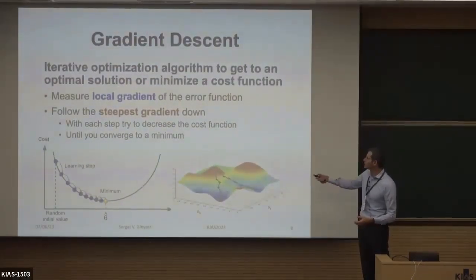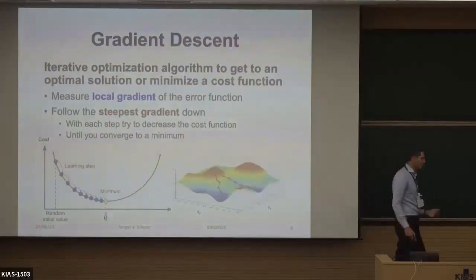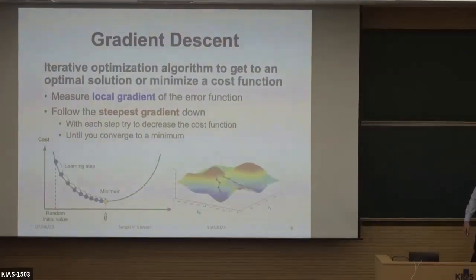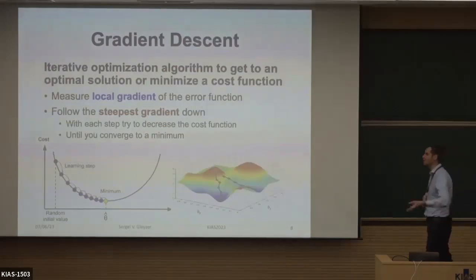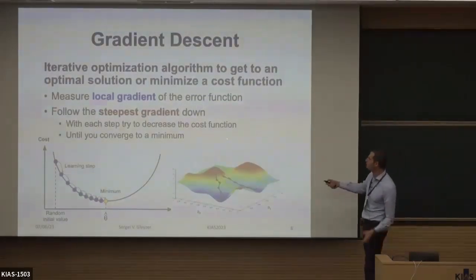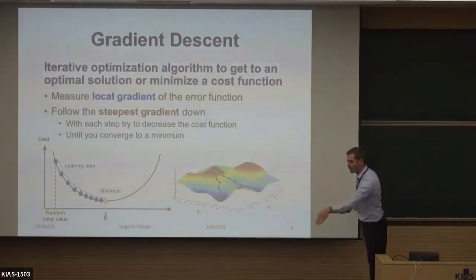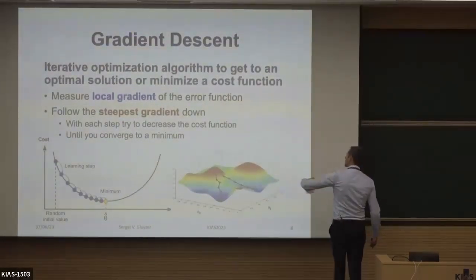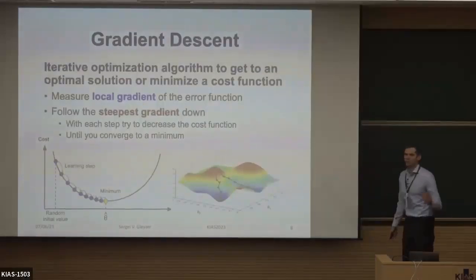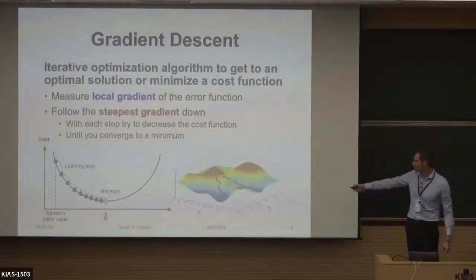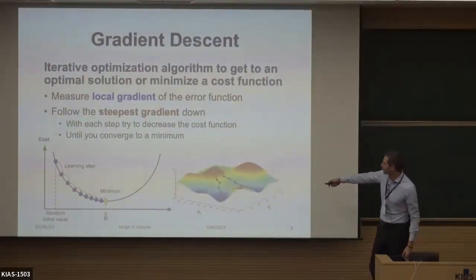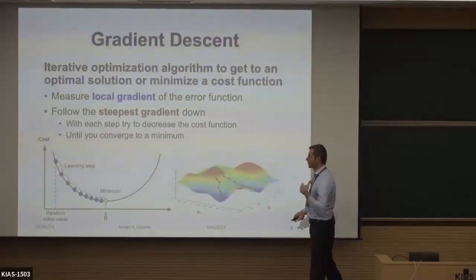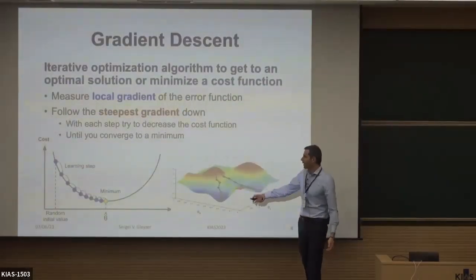And the way you do it is you measure the local gradients. You take the partial derivative of your cost function or loss function with respect to the weights, different parameters you have, and then you update those parameters in the direction of the steepest gradient. Basically, as if you're coming down the mountain, you take the steepest way down. That's the general idea.